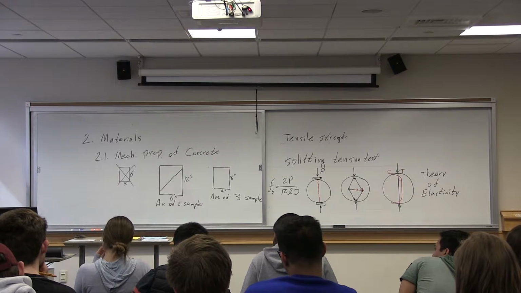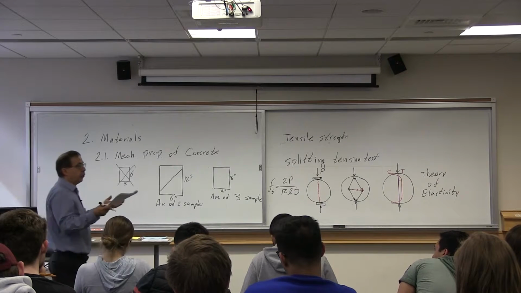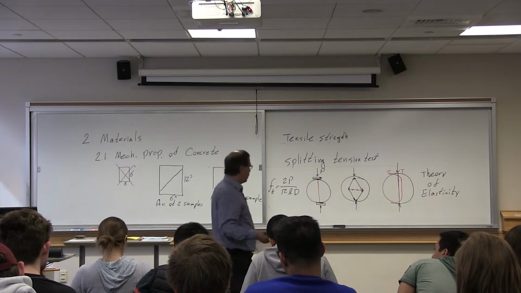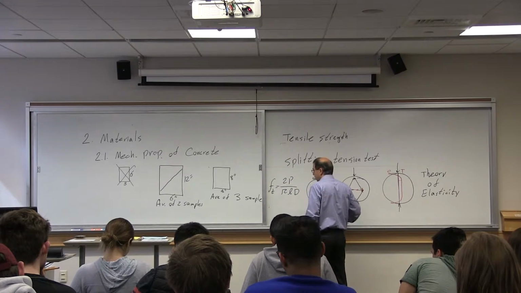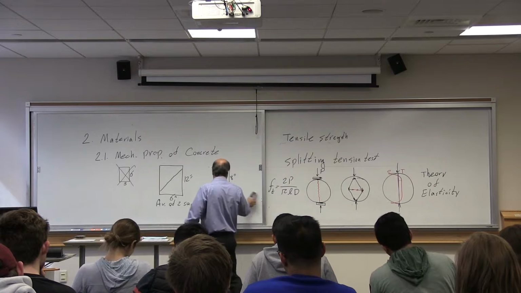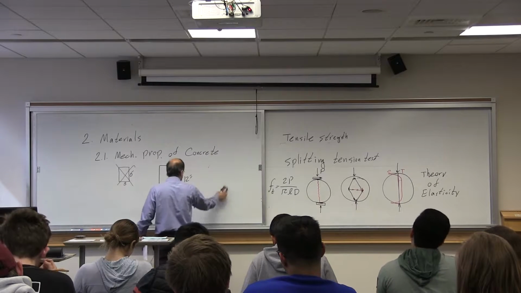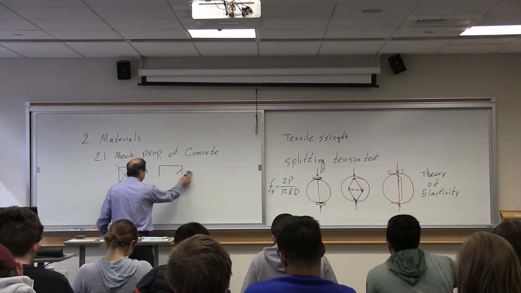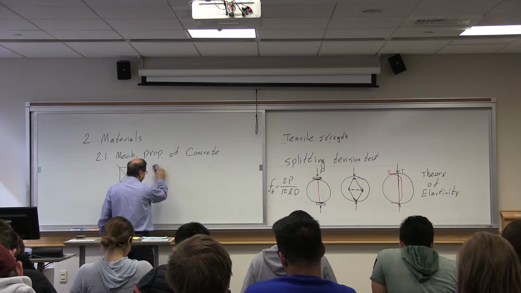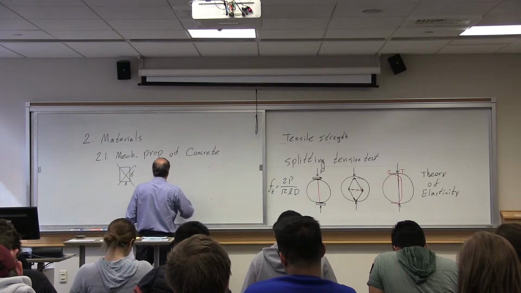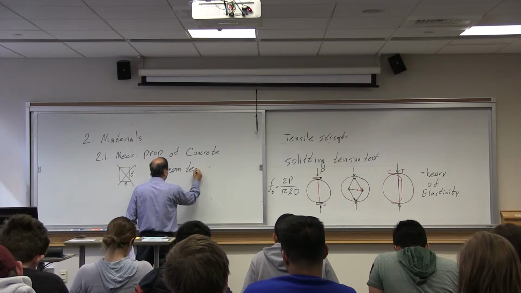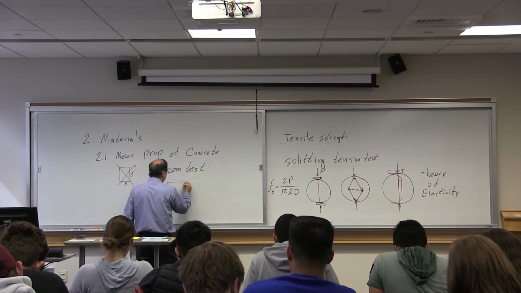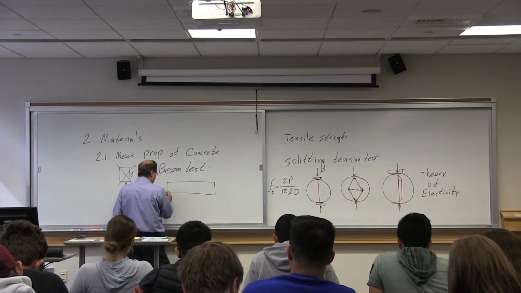A better test that would represent more realistically beams and columns is what you mentioned that you ran the test on, which was the beam test. So you make another sample.